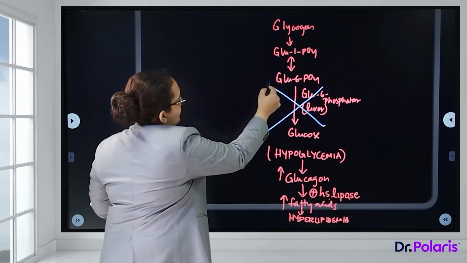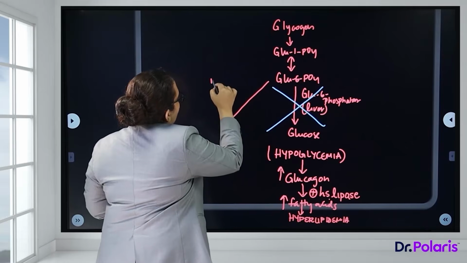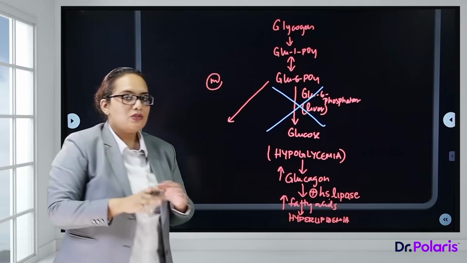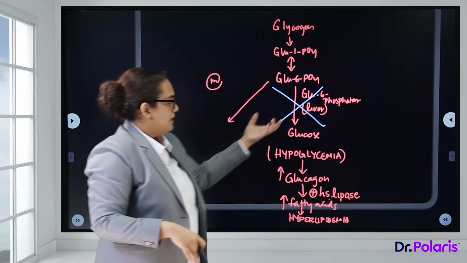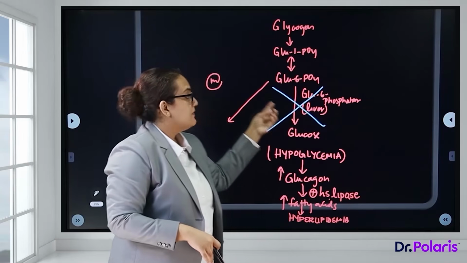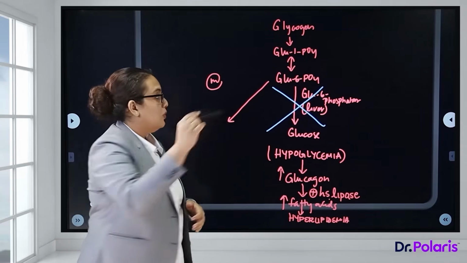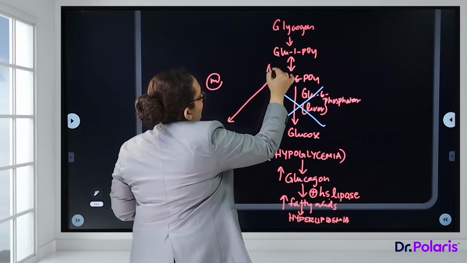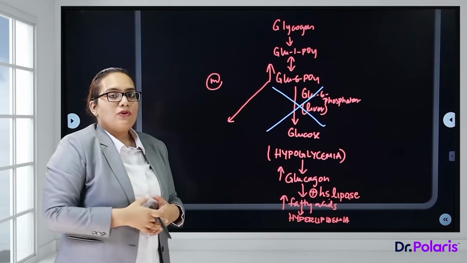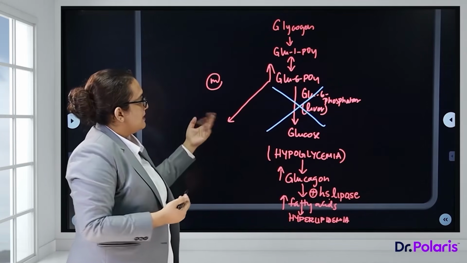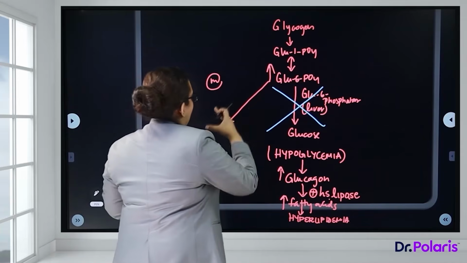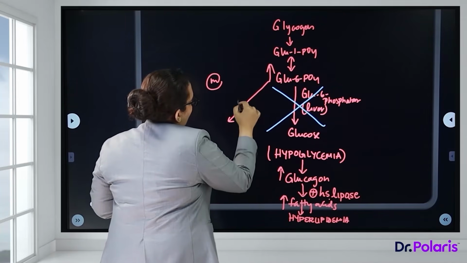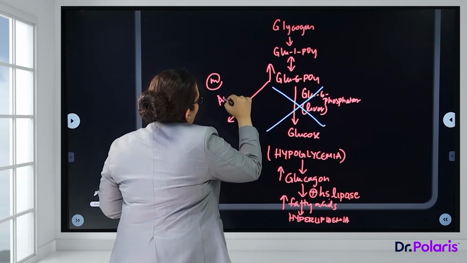Then in the muscle, let's see what happens. Now, obviously, in the muscle there is no glucose 6-phosphatase, but deficiency of glucose 6-phosphatase will lead to an accumulation of glucose 6-phosphate. So some of it might get transported to the muscle. It undergoes anaerobic glycolysis.